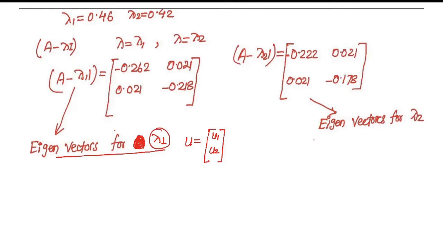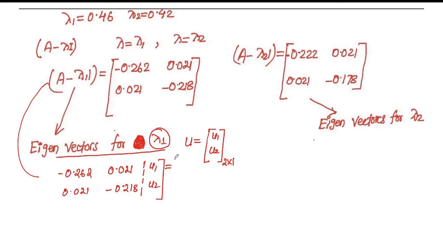For that, let us assume that U, the eigenvector, is given by a 2 by 1 matrix, and U1, U2 are the components of the eigenvector. To compute U1 and U2, we will put this matrix here. Then we will put the values of U1 and U2 here.